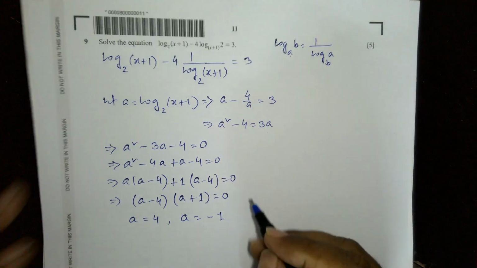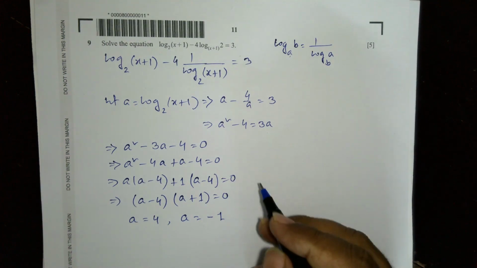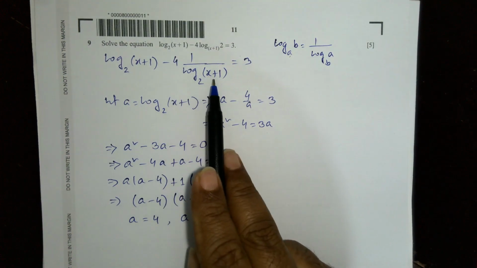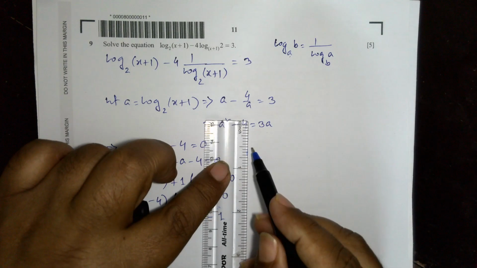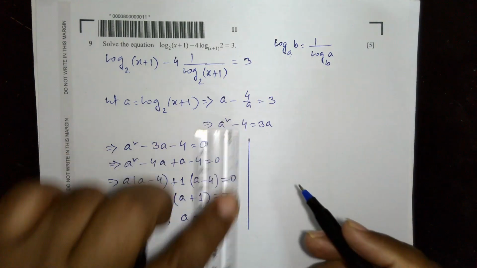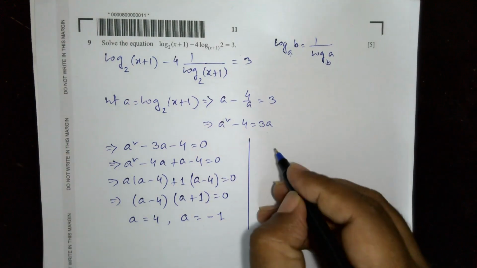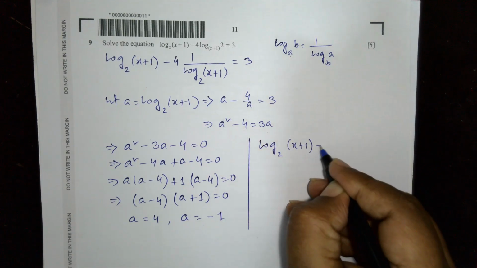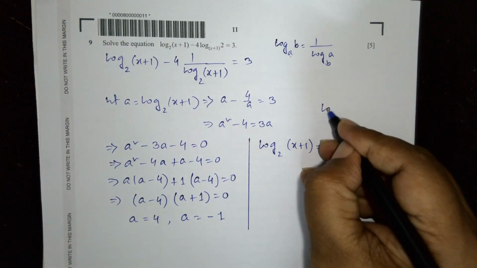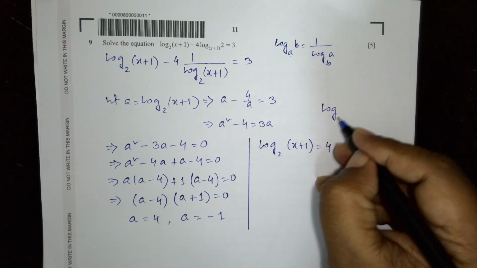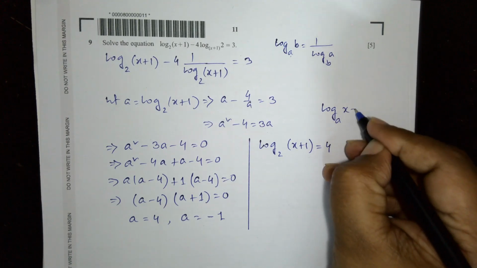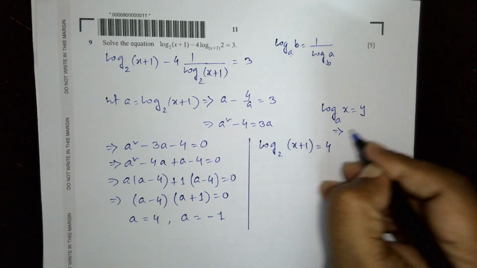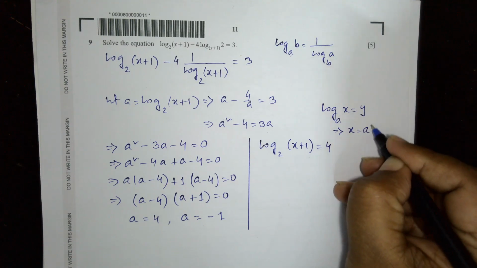But what was a? It was not a problem to solve for a, right? It was a problem to solve for x. So what was a? a was log 2 base x plus 1, and that equals 4. Do you know another relationship of logs, that log a base x equals y can be written as x equals a to the power y?